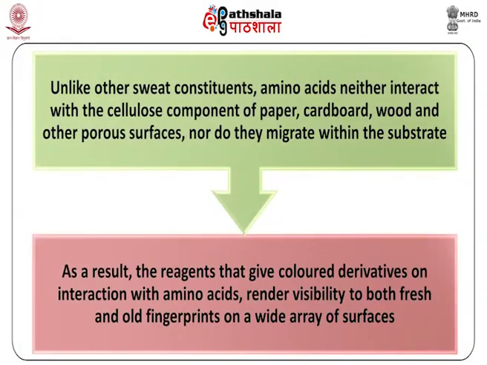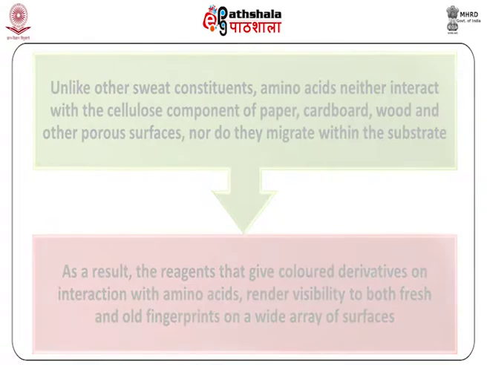However, unlike other sweat constituents, amino acids neither interact with the cellulose component of paper, cardboard, wood, and other porous surfaces, nor do they migrate within the substrate. As a result, reagents that give colored derivatives on interaction with amino acids render visibility to both fresh and old fingerprints on a wide array of surfaces.